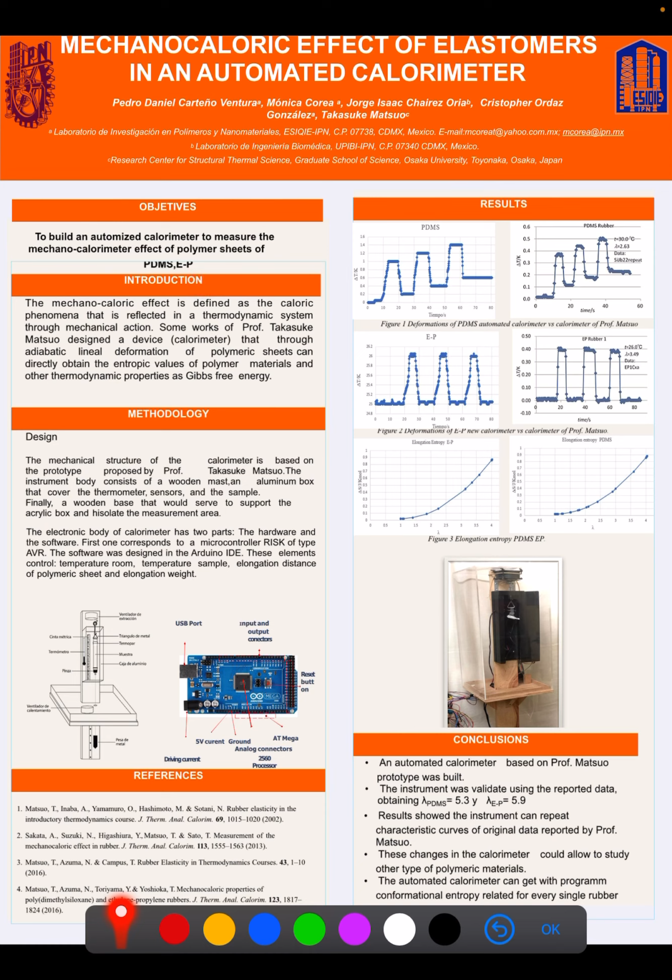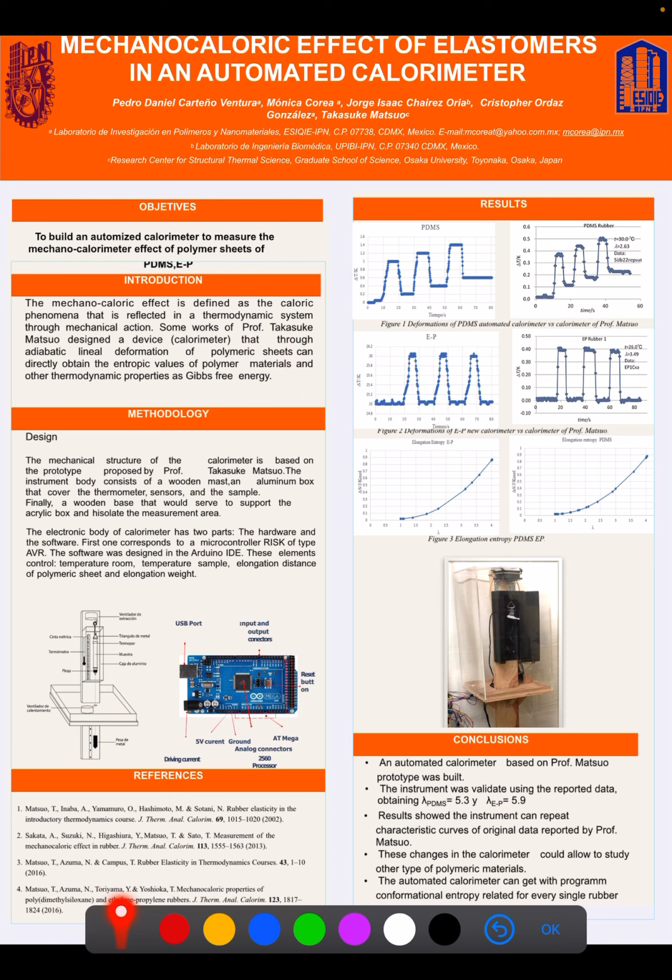And how did we do that? We designed, based on Professor Takaske's prototype, another automated calorimeter which allows us to obtain some thermodynamic properties such as free energy, enthalpy of elongation, and entropy of elongation to characterize other kinds of elastomers by measuring the caloric effect.